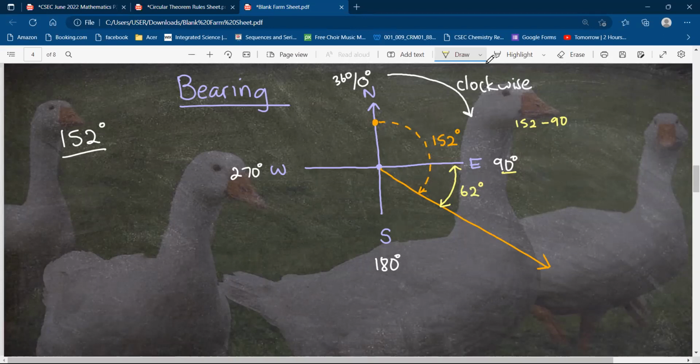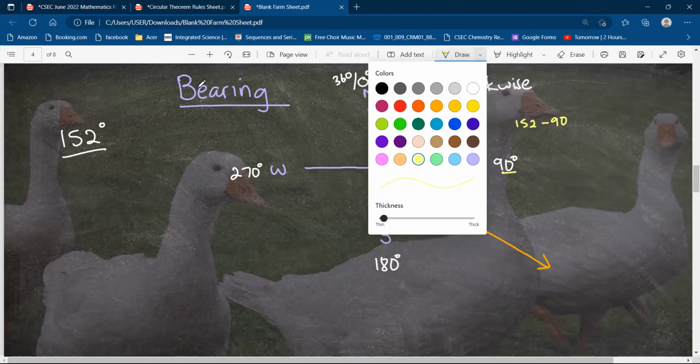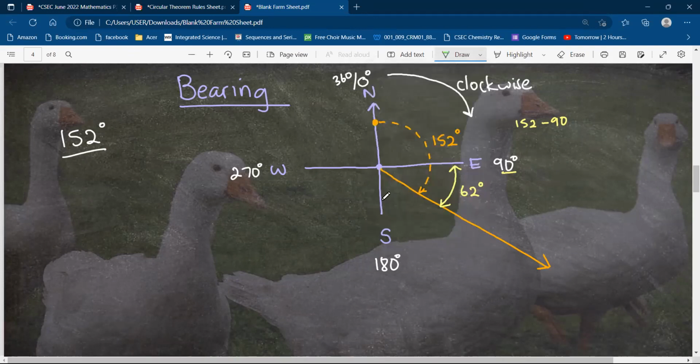Easy, right? How about this green angle? Let me say we needed this green angle, between the bearing and 180 degrees. How much would that angle be? From north to south is 180. We have already completed 152. How much again do we need to make the 180?